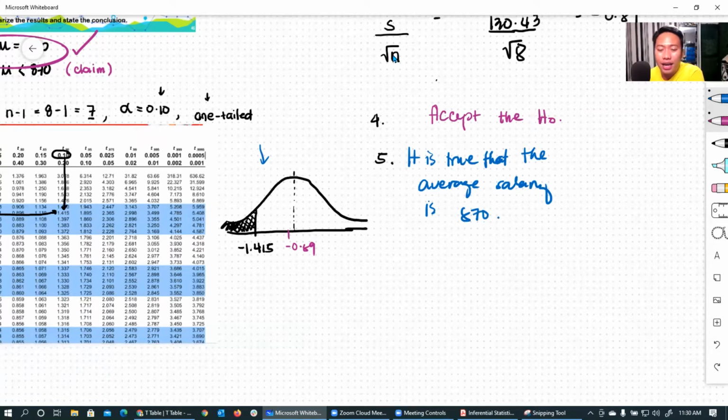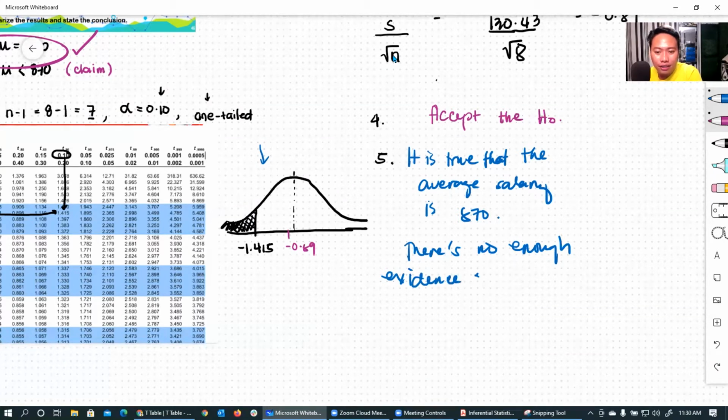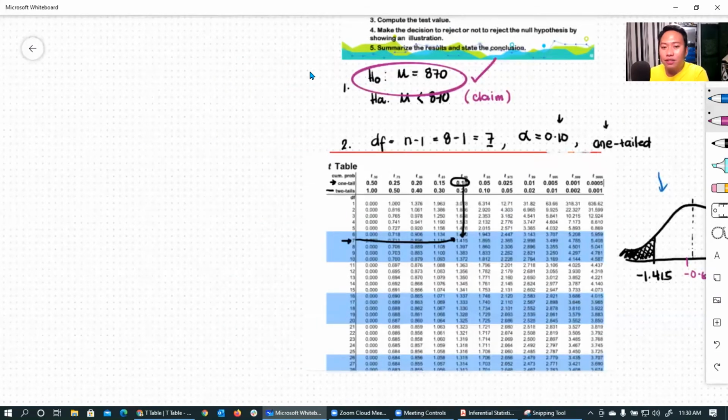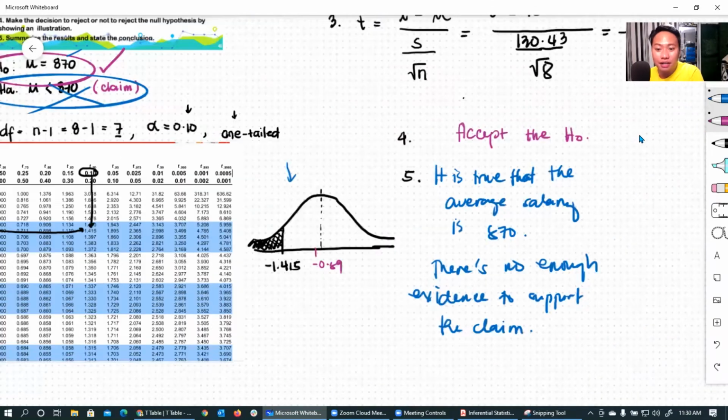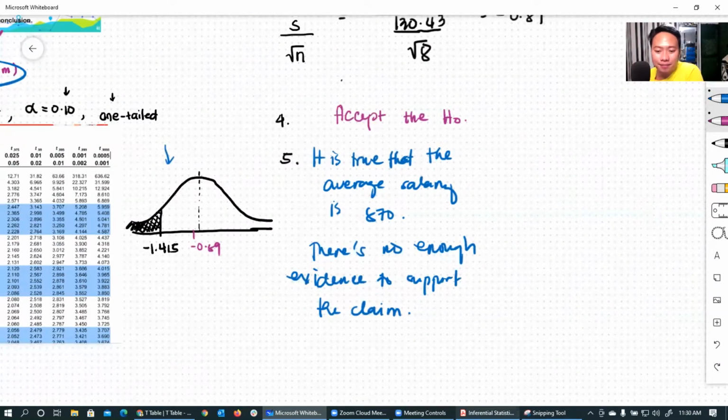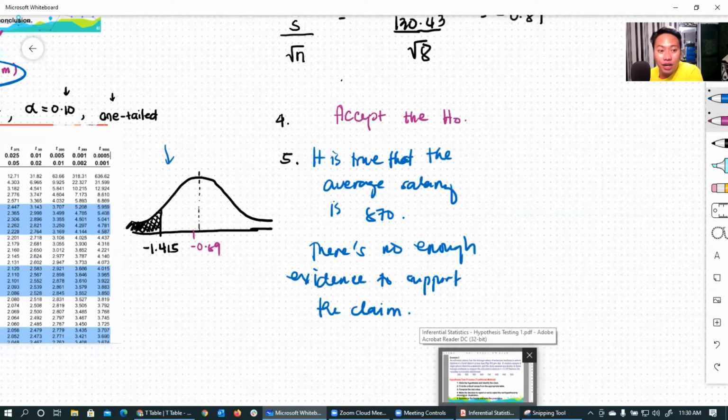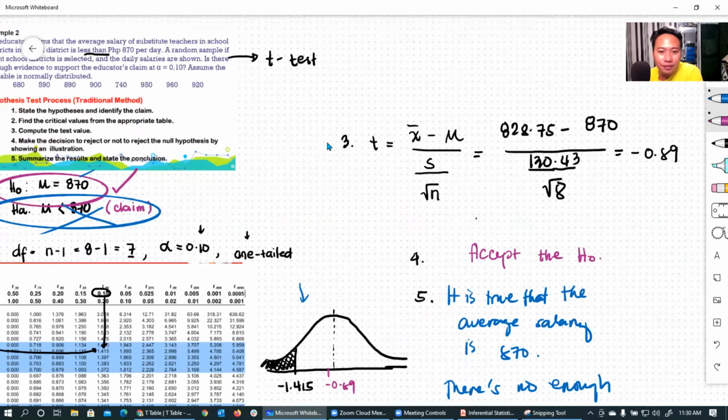You can also say there's not enough evidence to support the claim. The claim here is the alternative hypothesis. Since we are not rejecting the null hypothesis, we are accepting it, we can say that there's not enough evidence to support the claim. Any questions for that example? I hope you can see it.